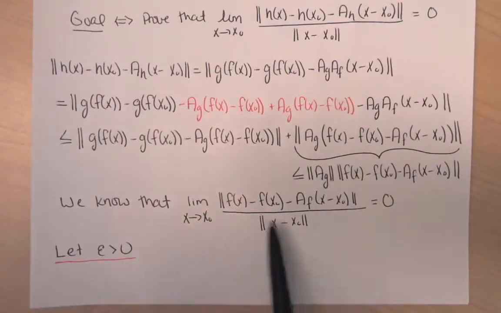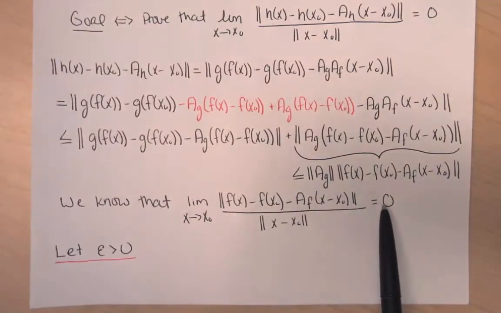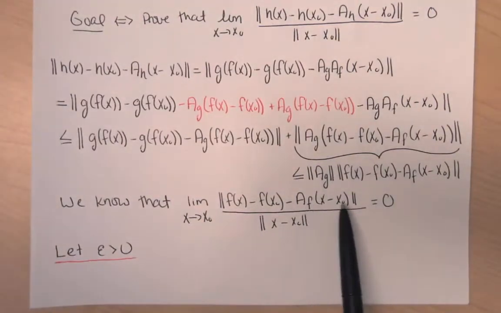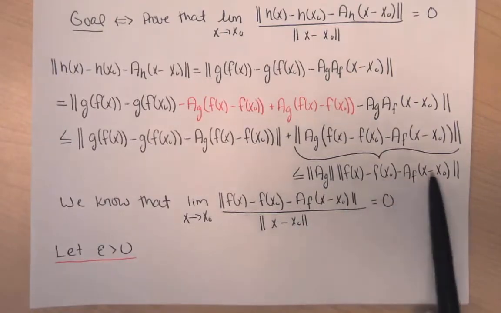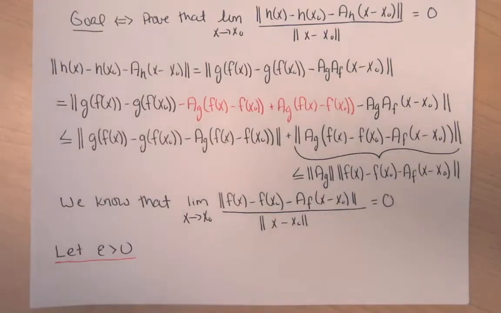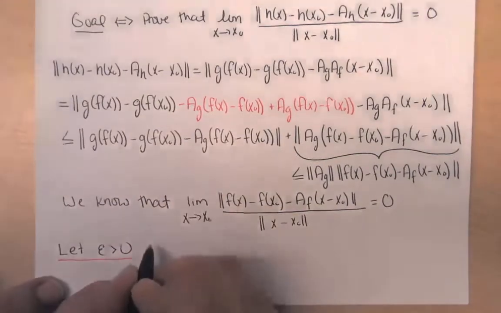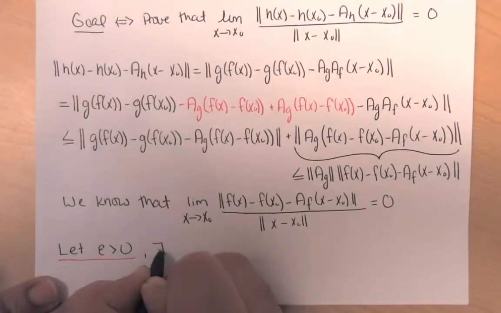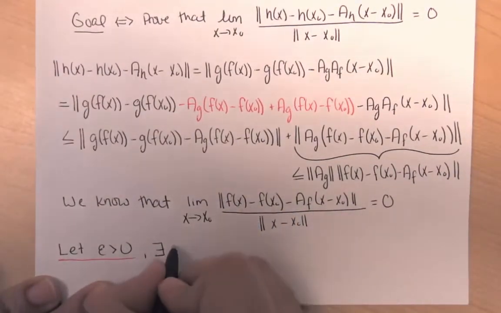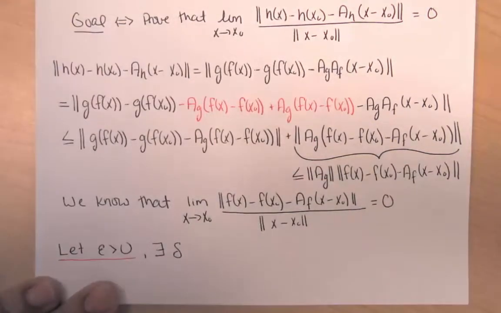Now, I know that this limit is 0, right? That's a given. I would like to make this term, when divided by x minus x naught, small. So I know that for this, there exists a delta.